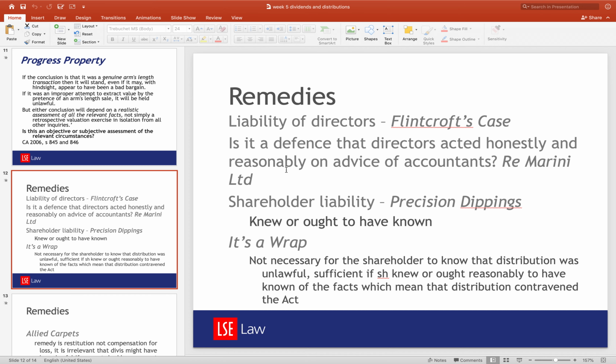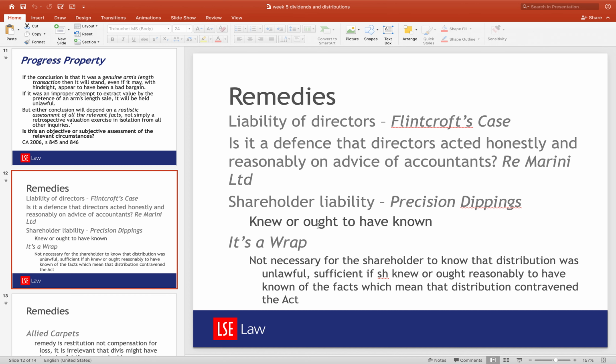And directors are liable if they have authorized a distribution that was illegal, and it's not necessarily the case that they've acted on the advice of an accountant. That doesn't necessarily give them a defense.